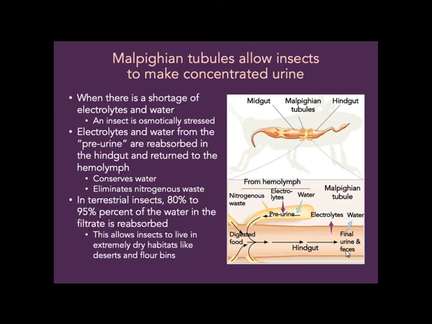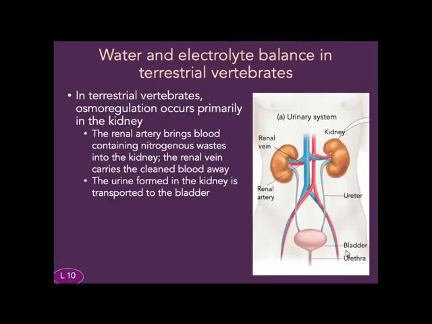So in a terrestrial insect, 80 to 95% of the water in the filtrate is reabsorbed, and that's what allows these insects to live in really dry environments like deserts or flower bins.